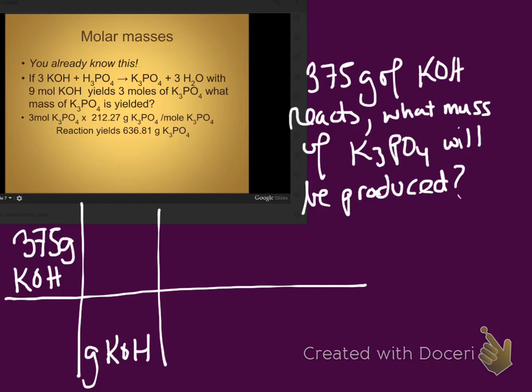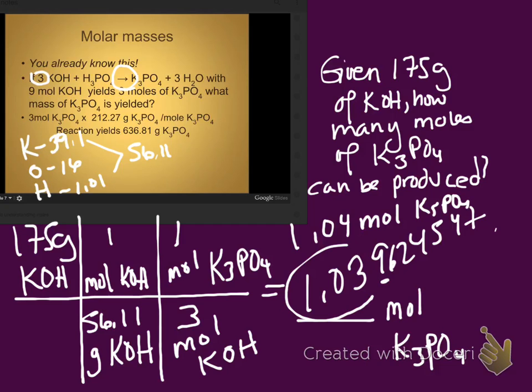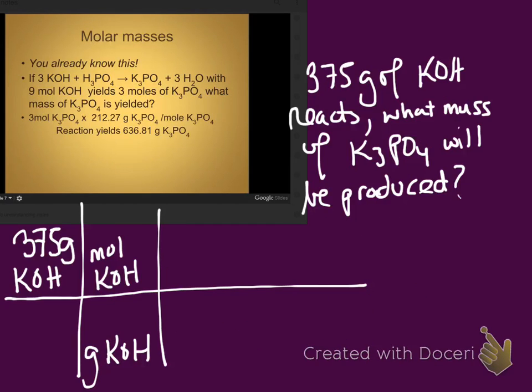Now, we know that typically if we're starting with mass in any of these problems, our first step is to get into moles, because the relationship between the two chemicals is given in moles. So how do we get into moles? Well, we put moles of potassium hydroxide up there. Do we have the molar mass of potassium hydroxide? Yeah, we just did it on the last one. So 56.11 grams of potassium hydroxide equals how many moles?